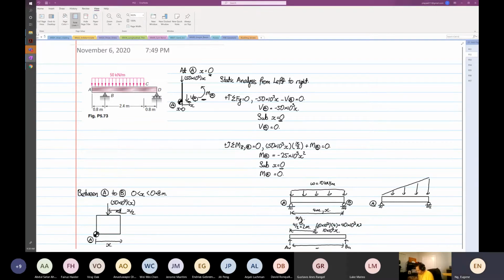And this triangle load, omega, is 10 kilonewton per meter, and the distance from here to here is also 4 meters.